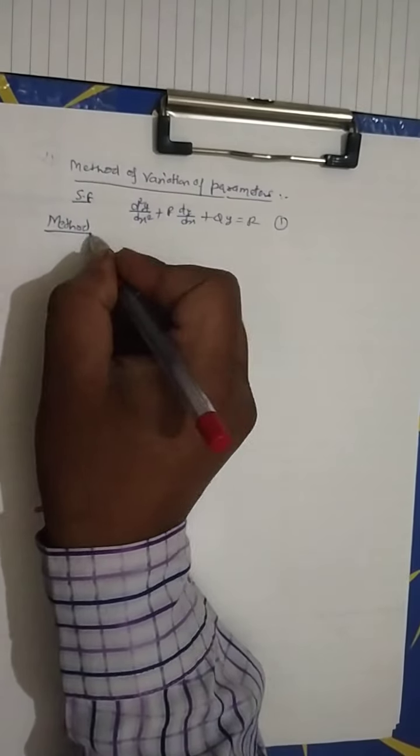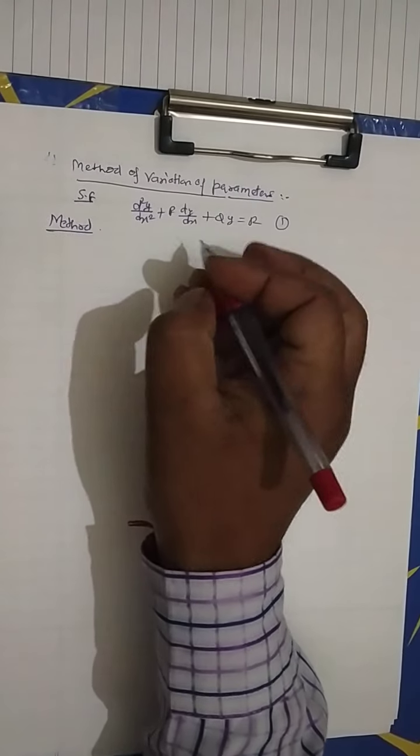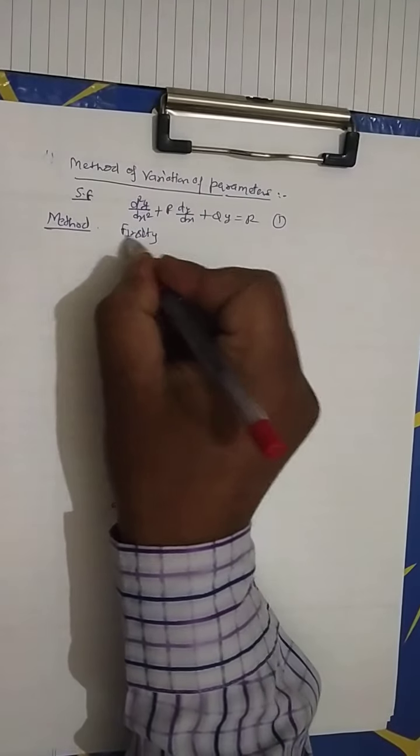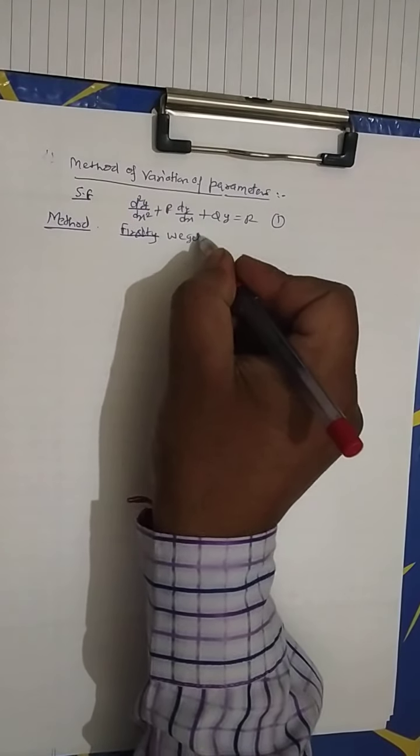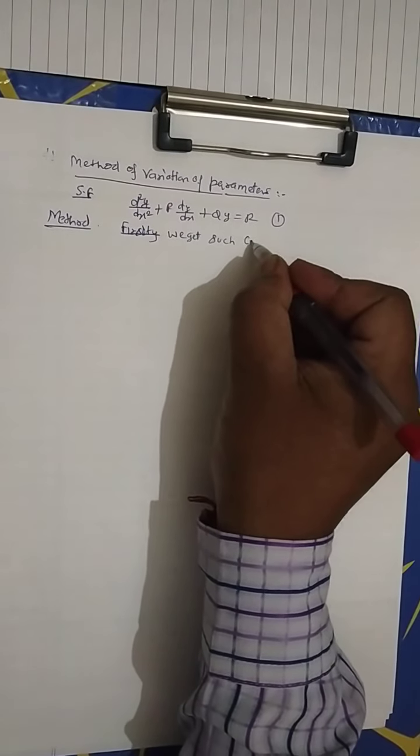The method can be explained as follows. Firstly we get the CF.